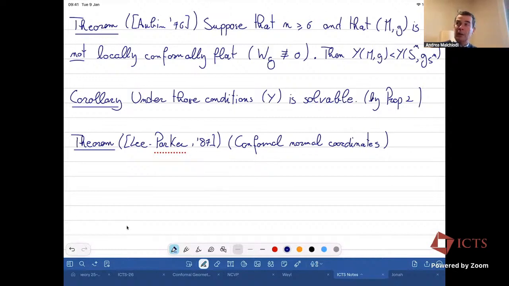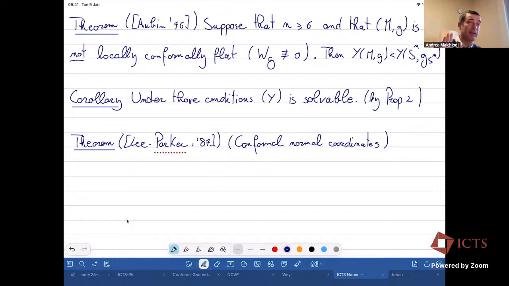Okay, so probably you heard about the normal coordinates of a Riemannian metric. When you choose a point P of a Riemannian manifold, which has a metric g, then there are optimal coordinates, which are called normal coordinates, which are defined using the geodesic flow from the point P. So conformal normal coordinates are chosen in two steps. First, you choose a nice conformal deformation of the metric.